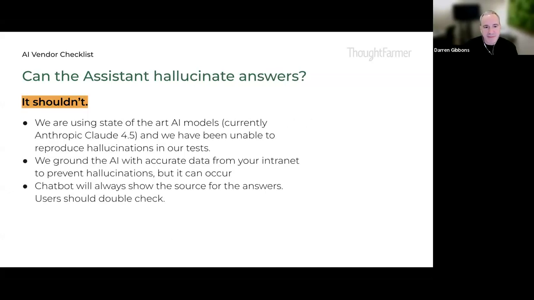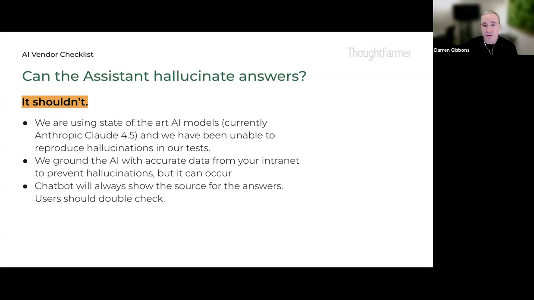Next up, can the assistant hallucinate answers? So what do I mean by hallucinate? When we talk about AI models, they are trained on massive amounts of content available from the public internet. And sometimes when you ask them questions specific to your business, they may hallucinate, or answer that question based on content in their training data which is not related to your intranet.